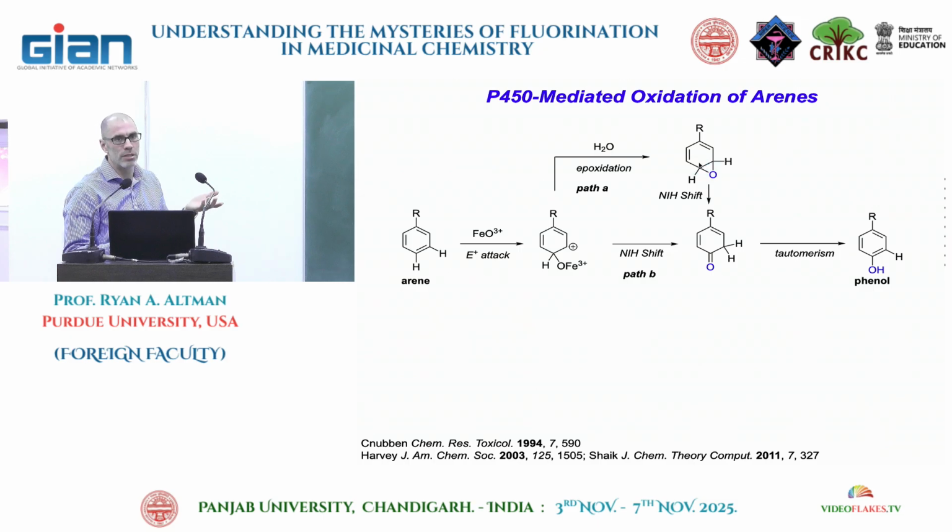You can't have 5 bonds on carbon, so you'll have a hydride shift. H minus will shift back over to the other position. That generates a ketone type intermediate, which spontaneously, rapidly tautomerizes to a phenol. So we see the phenol metabolite. It looks like we've replaced a CH with a CO, but the mechanism is not a CH activation, CH insertion. The mechanism requires different steps.